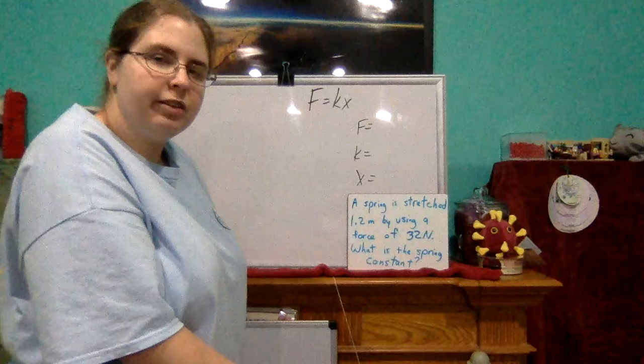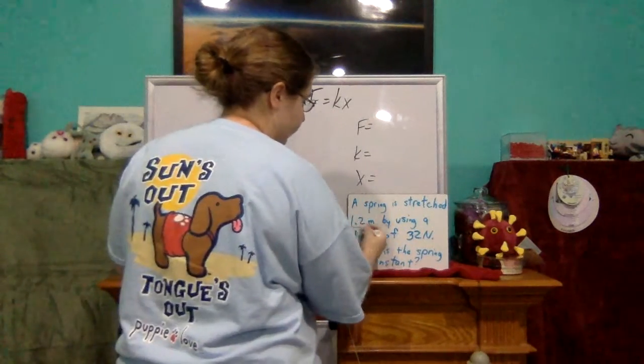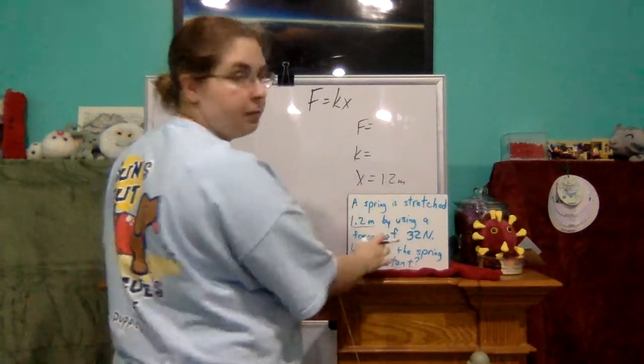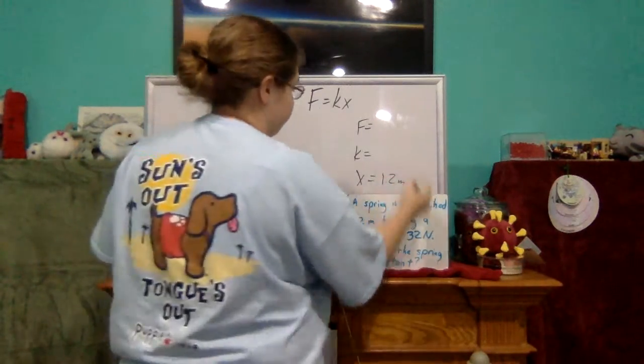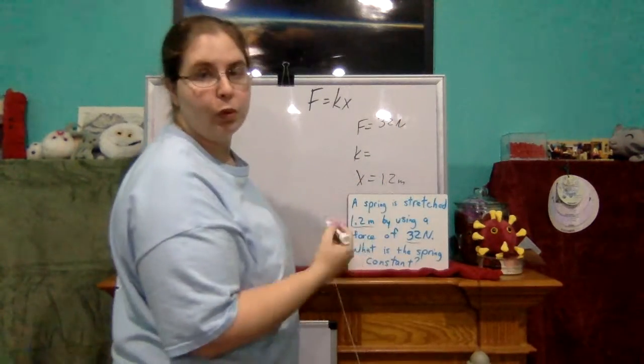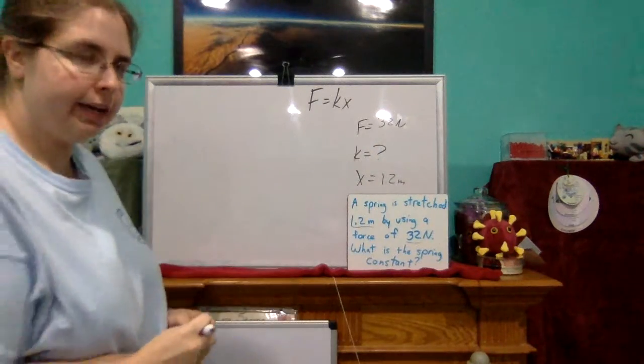What is the spring constant? So this time we know how far it's being stretched, 1.2 meters. We know the force needed to stretch it that far, 32 newtons. What we want to find out is the spring constant. So we're trying to solve for k.